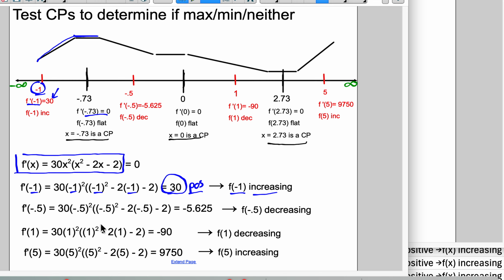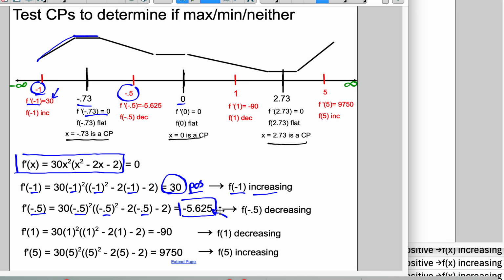Let's take another point here. So I'm going to take a point between negative 0.73 and 0. I can pick any point. I picked negative 0.5. And so I'm going to put negative 0.5 in my derivative function. Everywhere there's an x, I put in negative 0.5, and when I do that, I get negative 5.625.